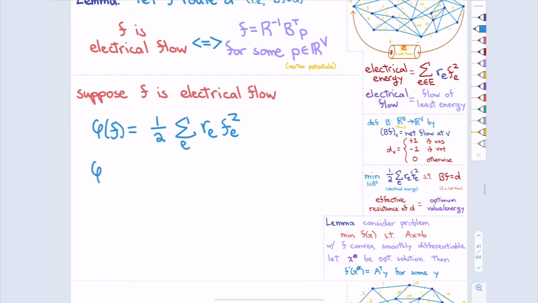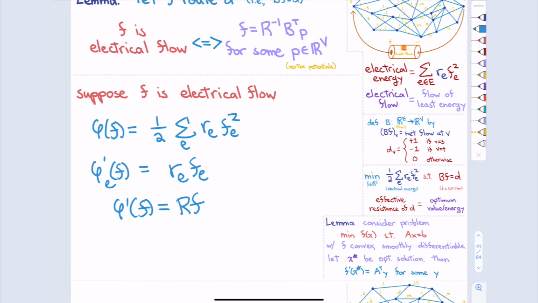So if I wanted to look at the derivative, say for a particular edge e, this is equal to r_e f_e. So the fancy pants way to write this is R f, where R is just putting the resistances along the diagonal. Again, sorry for not introducing that notation.